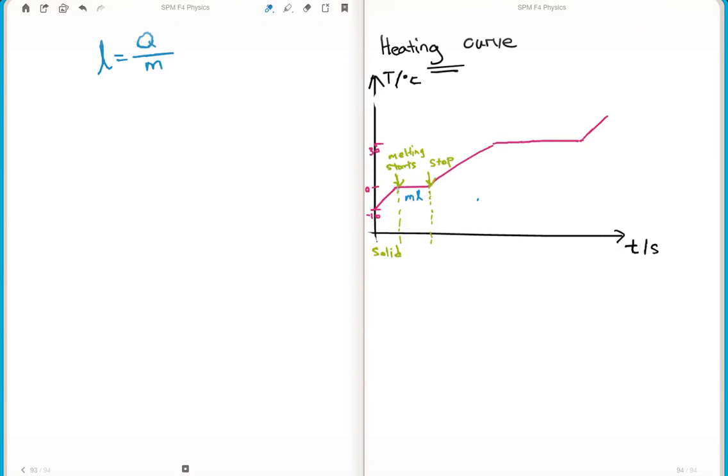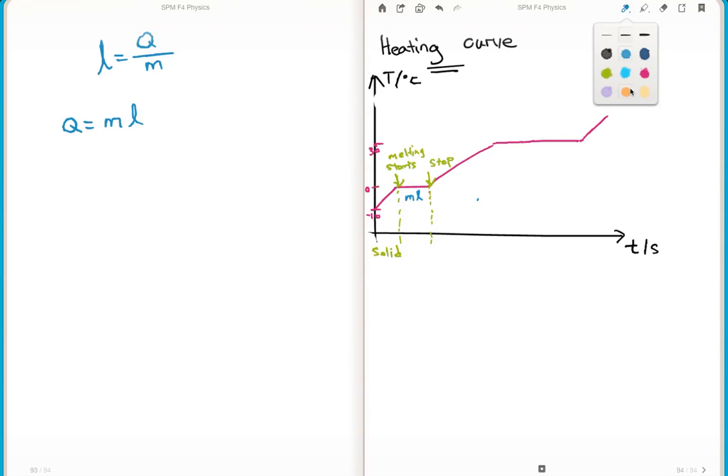So therefore, the heat required to break the intermolecular bond would be mL. Unit will be in joule. So this is the time they define as the fusion time.